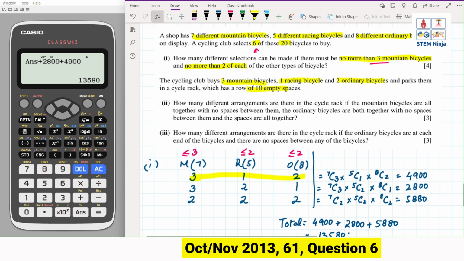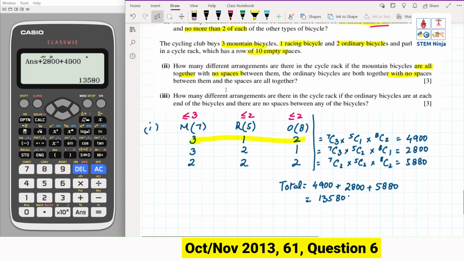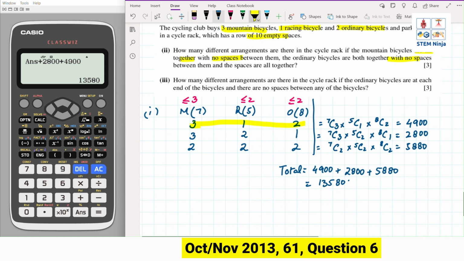How many different arrangements are there in the cycle rack if mountain bicycles are all together with no spaces between them, ordinary bicycles are both together with no spaces in between them, and the spaces are all together? Notice that it doesn't say anything about the racing bicycle because obviously it's just one, so it doesn't matter.